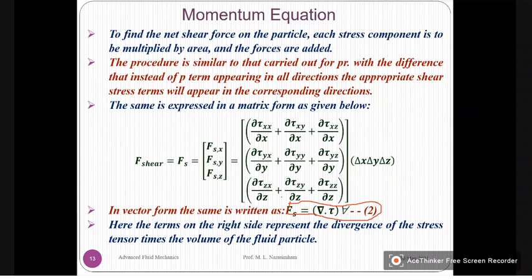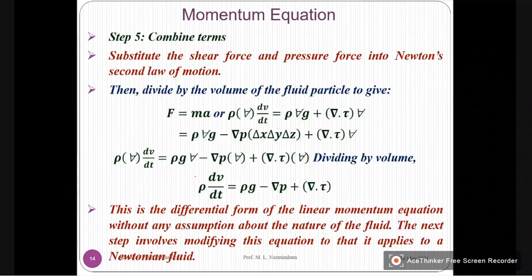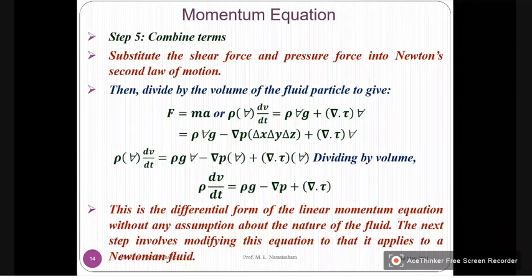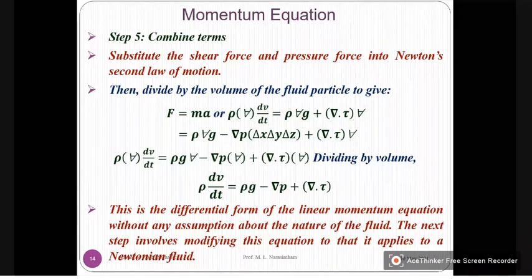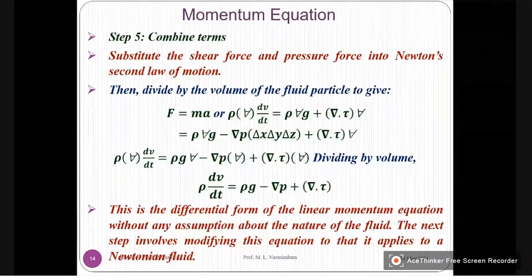So we have two surface forces, one due to pressure and the other due to shear stresses. So now these are combined. Combine the terms. Substitute shear force and pressure force into Newton's second law of motion.